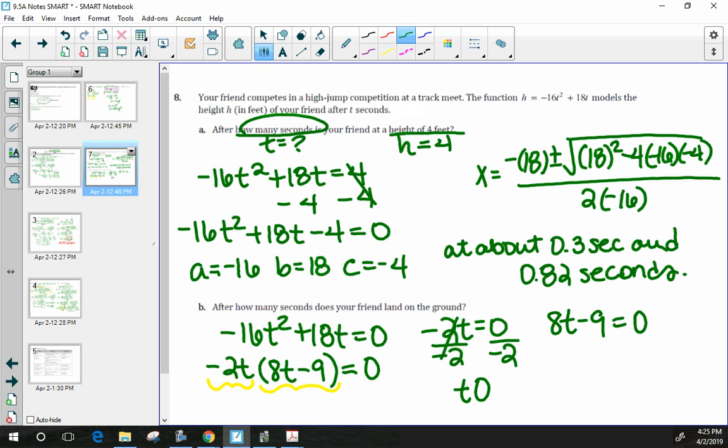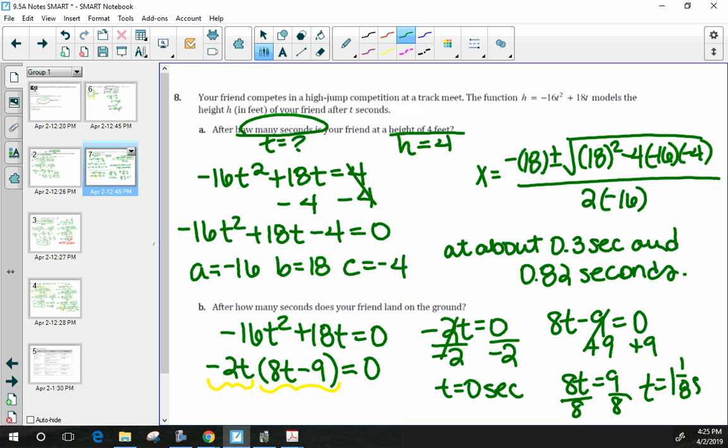So yes, we're on the ground at the beginning when time is 0. And then the second time that we're on the ground is when t is about 1 1/8 seconds, it looks like. So when t is about 1 1/8 of a second, they're back on the ground.